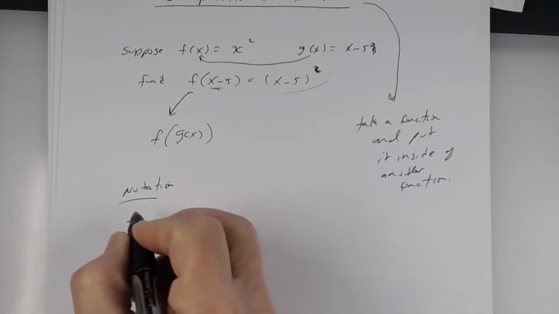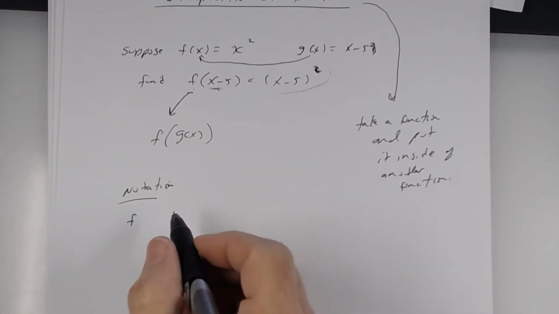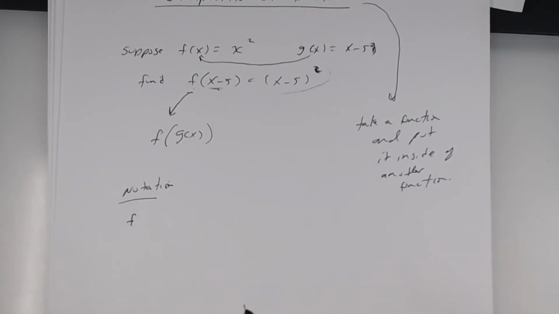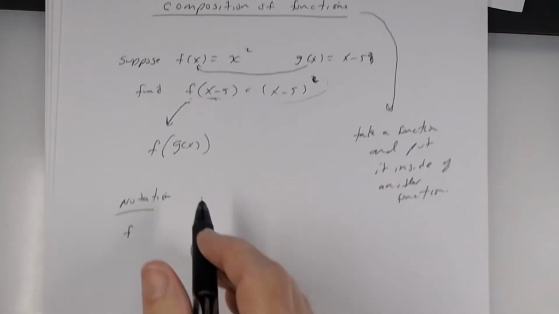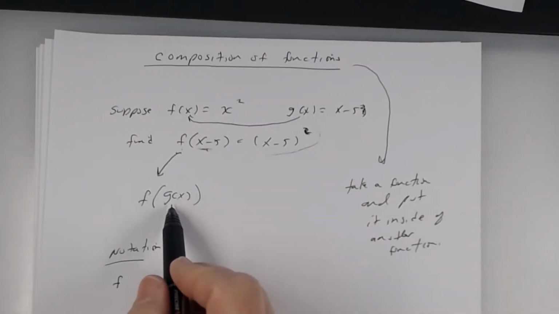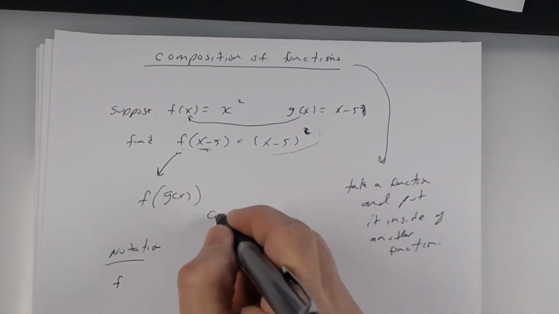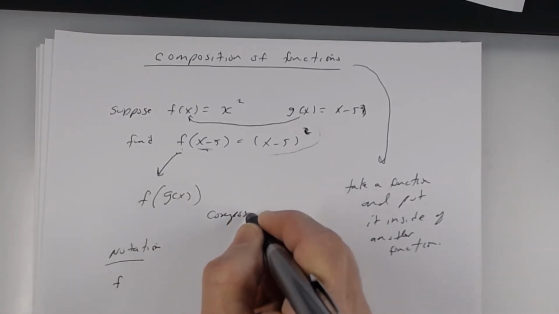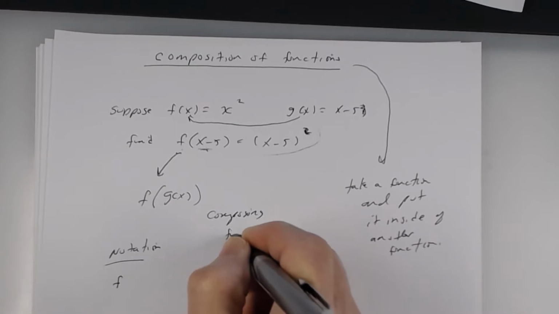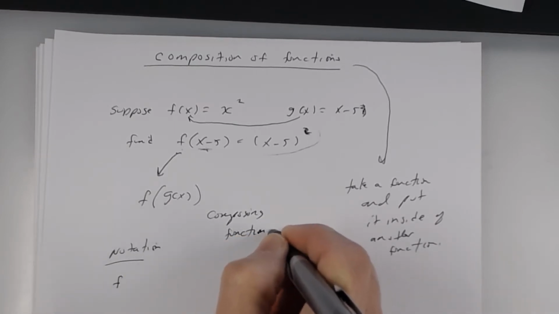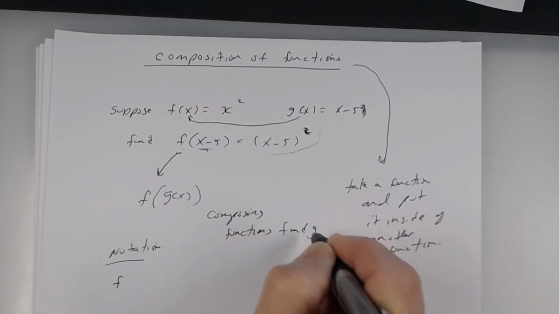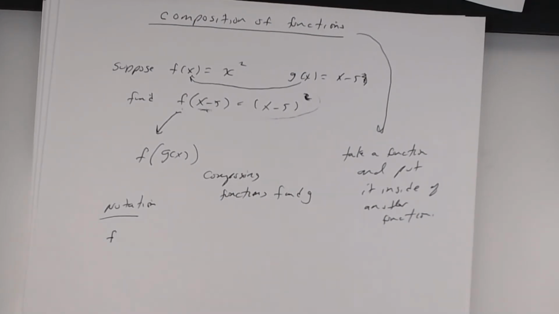F, so the symbol for saying I am composing a function inside of another, you see how I took a function g and put it inside f? This says I am composing functions f and g. I am composing f and g.